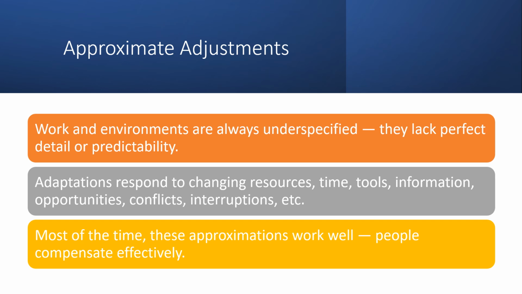They're never precise, because perfect information for us to instantiate those approximations is rarely available. Most of the time, these approximations work well. We get away with it. People compensate effectively, but occasionally appropriate adjustments miss the mark, leading to failures.